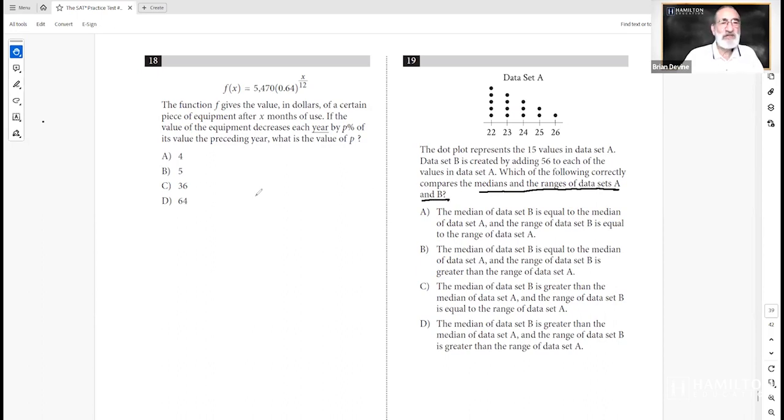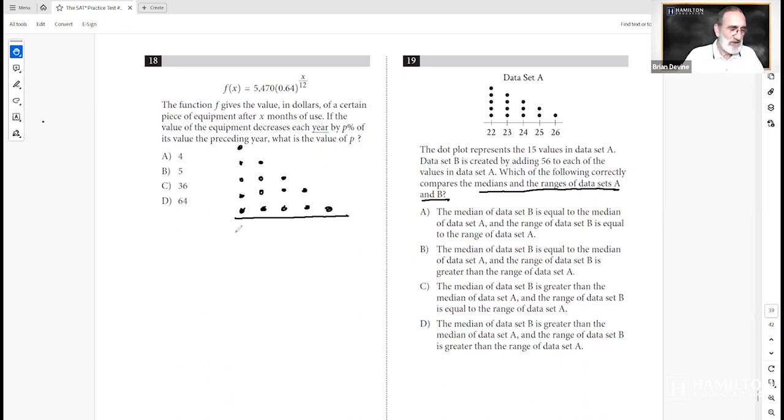Well, if we looked at data set B, it's going to look shape-wise, 5 dots, 4 dots, 3 dots, 2 dots, 1 dot. It's going to have that same shape, just like A does. But the only thing we did is we moved everything to the right value-wise.